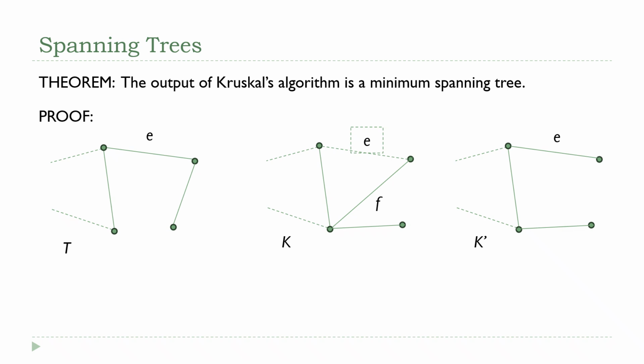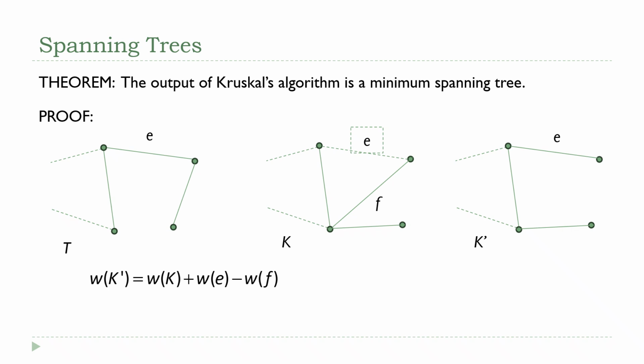Since this graph has n vertices and n minus 1 edges, it must also be a spanning tree for G. Okay, now let's talk about the weights. Right? The weight of T prime is equal to the weight of K plus the weight of E, the edge that we added, minus the weight of F. That's the edge that we removed.